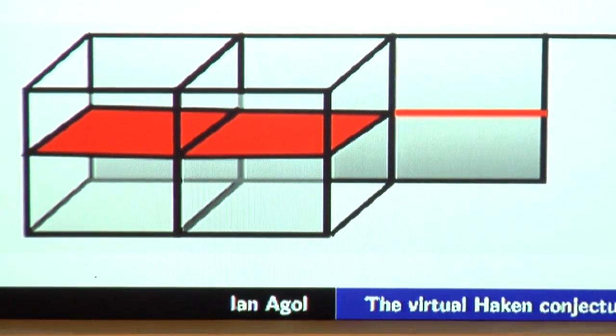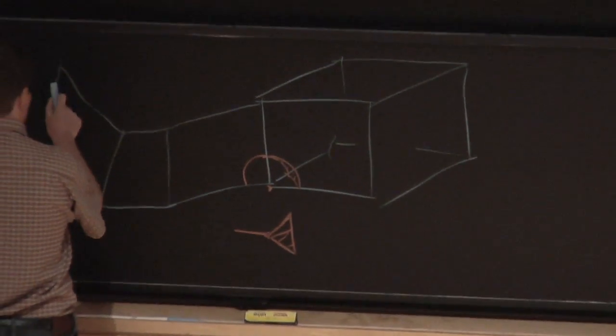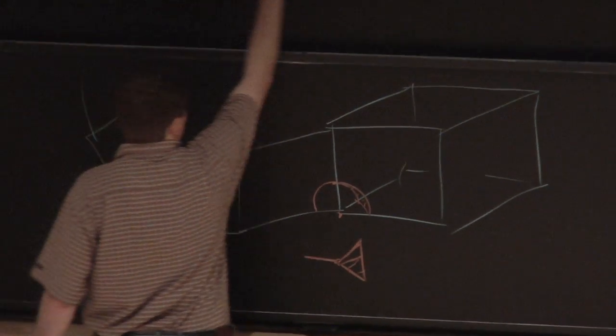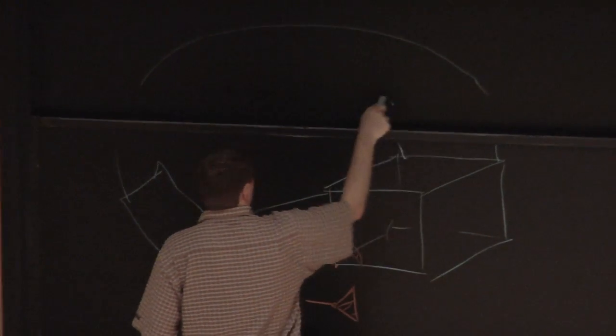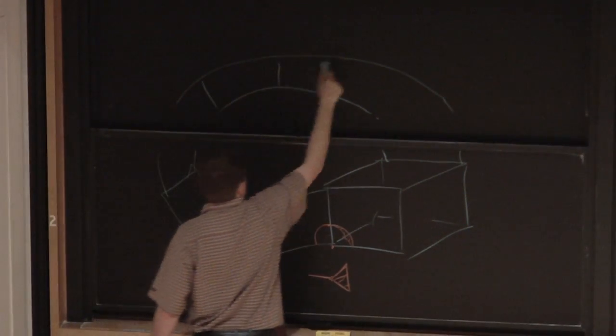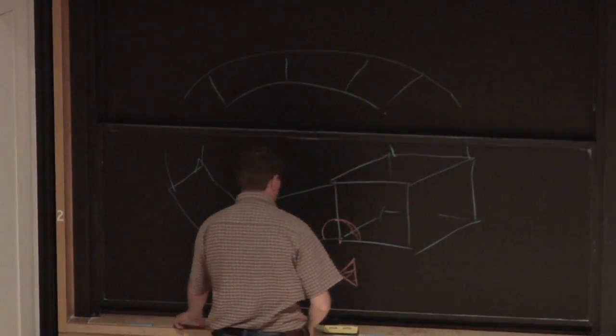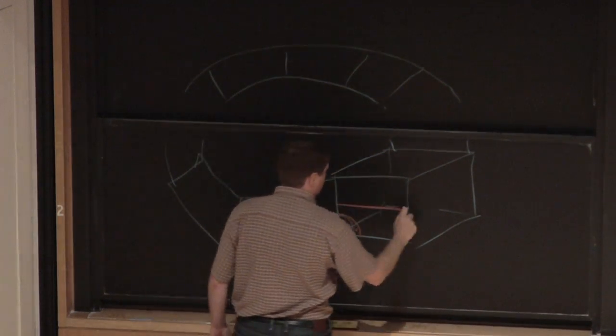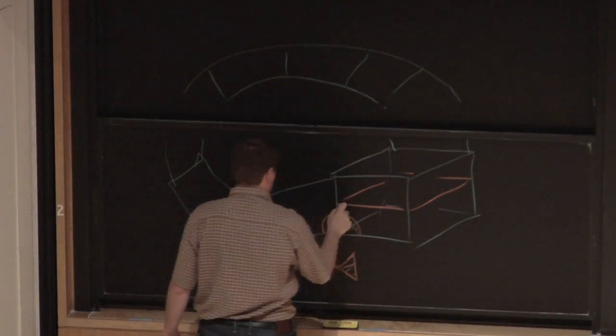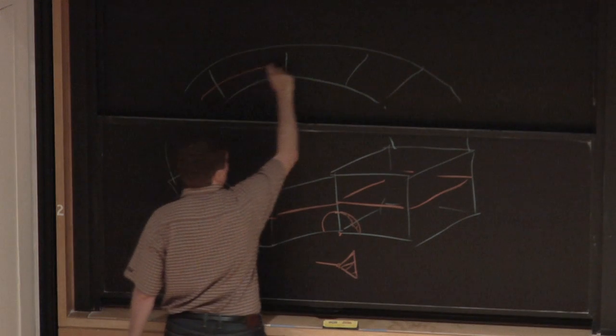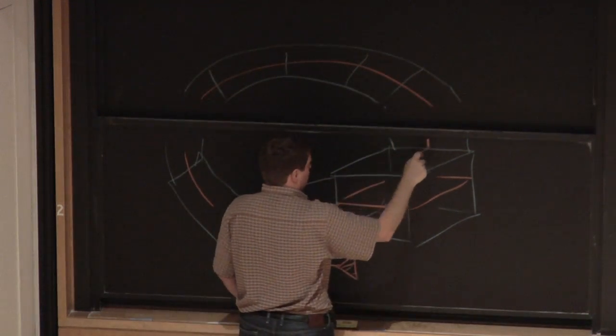So like here, maybe this guy extends around and comes back to self-intersect, and then these hyperplanes will not be embedded.